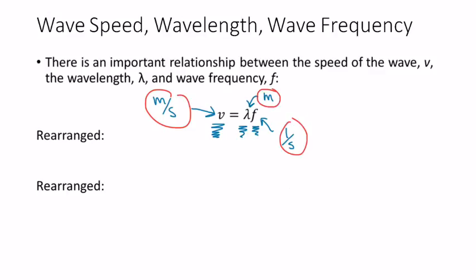Can you see where these units are great? On either side of the equal sign we have meters per second, meters per second. So for any wave, this holds true with regard to the velocity of that wave, the wavelength of that wave, and the frequency of that wave.